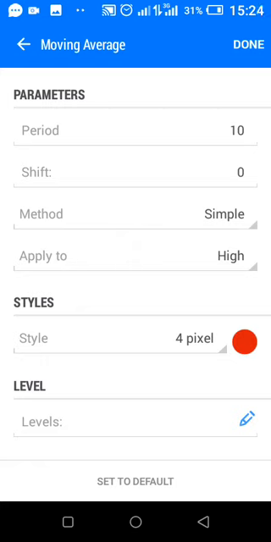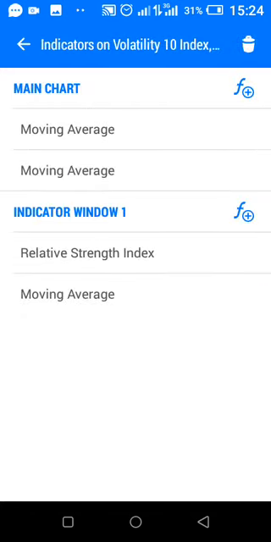So period 10 simple, that is the first moving average. Then the second moving average is period 10, and the method is exponential. Apply to close. These are the two indicators, two moving averages.